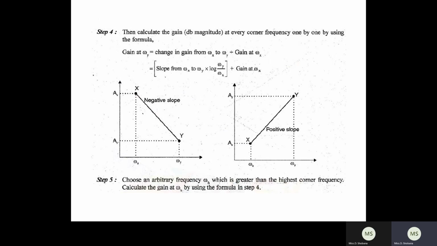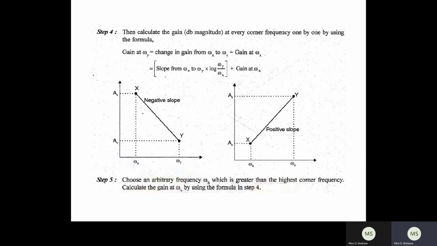Then we can go for the determination of various frequencies, how to determine the gain. Here we should follow two important formulas for determining the gain. For the lower corner frequency and first corner frequency, we use one formula: A is equal to 20 log of the magnitude of the first term. That is the first formula. The second formula is the change in gain from omega x to omega y, that means previous frequency to the current frequency, plus the gain at the previous frequency.